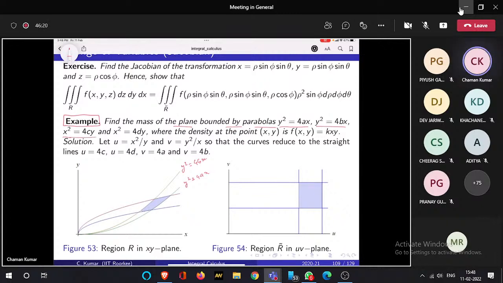Then you have another two parabolas, x square is equal to 4cy. So let's say this is x square is equal to 4cy, and then the blue line is x square is equal to the last one, 4dy. And the region bounded by these four parabolas is this region.